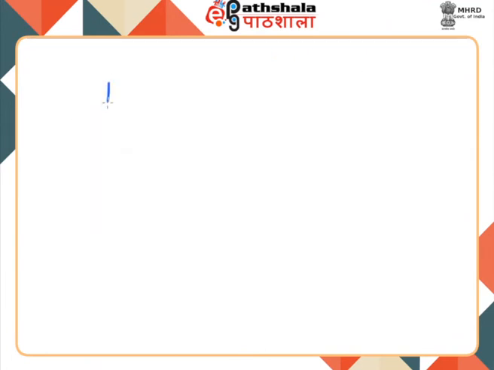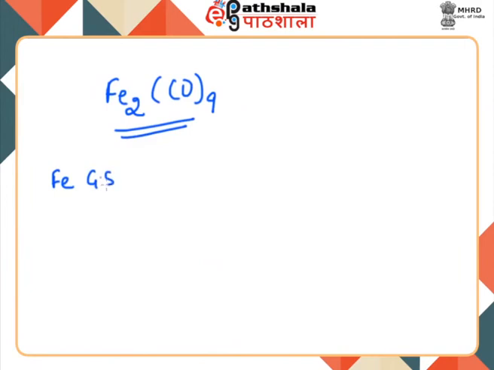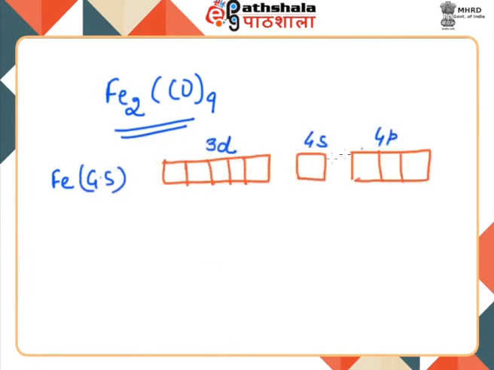Let us try to understand the structure of di-iron nonacarbonyl. If we see the valence shell electronic configuration of iron in the ground state, what we find is that it is 3d6, 4s2 and 4p0.